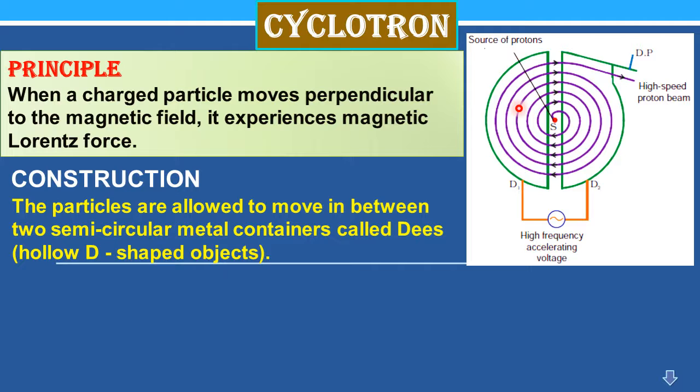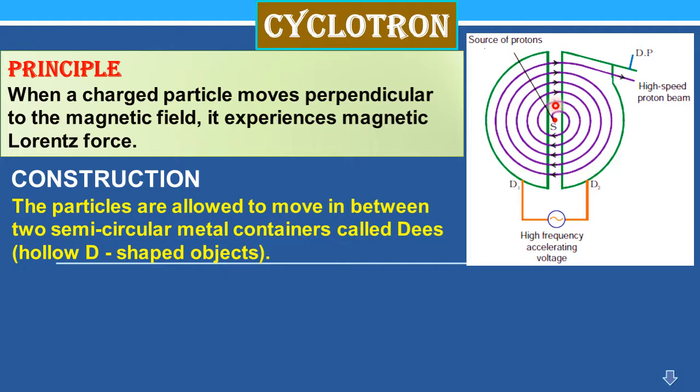Since the magnetic field is normal to the plane of the Ds, the ion moves in a circular path. After one semicircular path inside the D, the ion reaches the gap between the Ds.